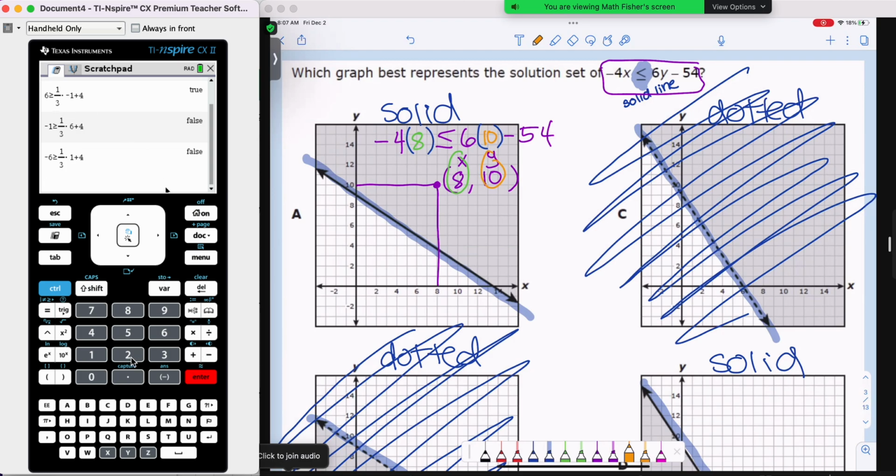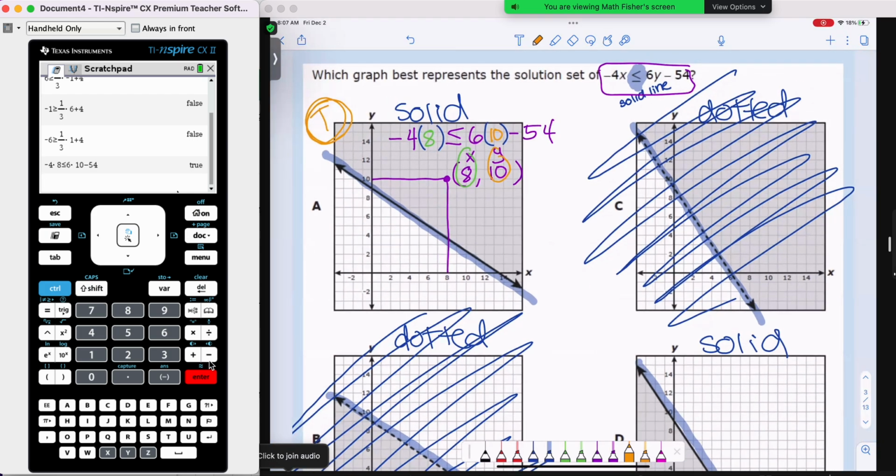So I have negative 4 parentheses 8, control equals, pick your symbol, 6 parentheses 10 minus 54. Enter, and that gave me true. So we're going to put a T. Now, I'll tell you in a minute, if you put this minus sign and it says A and S, you need to go back and delete it.